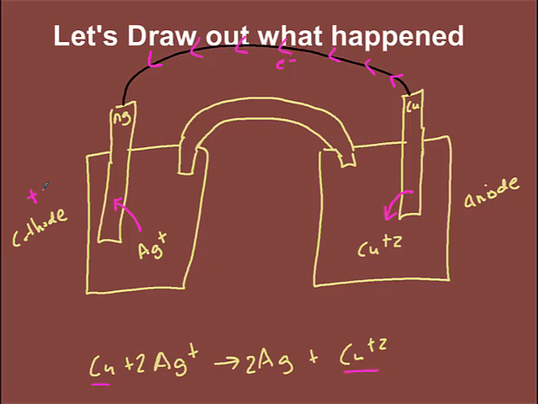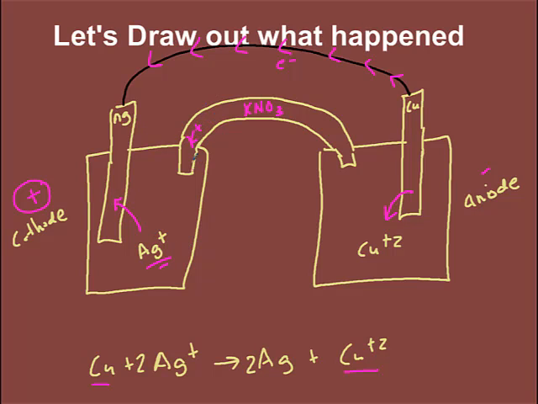Our cathode is referred to as the positive electrode and the anode is the negative electrode. Our electrons flow from anode to cathode. They're flowing towards the positive electrode, which makes sense. And finally, if I had KNO3, which was the question earlier, notice in the cathode I'm losing positive ions.